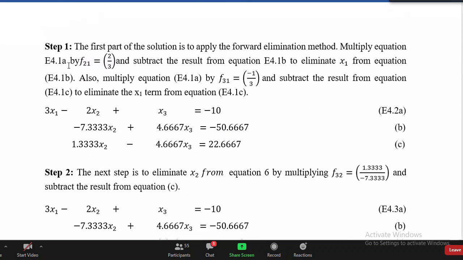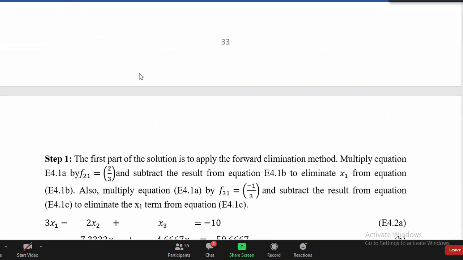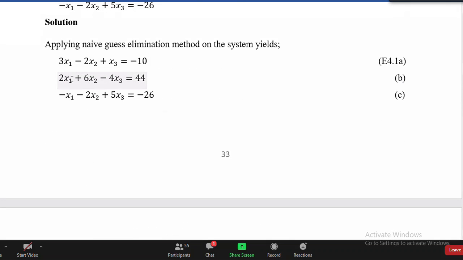From the above methods, you can see F21. We use F21 to eliminate 2x1. And we use also F31 to eliminate minus 1x1. When we do that, we will modify this, and whatever we have here is A22 prime. Whatever we have here is A32 prime. And then we eliminate A32 prime using A32 by A22 prime.